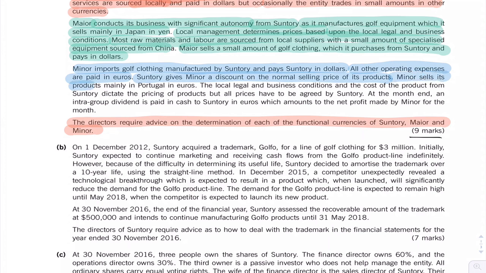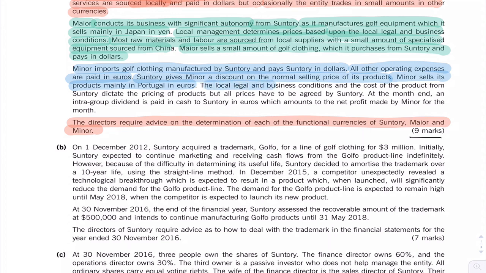Minor sells its products mainly in Portugal in euros. So the price, even though it's influenced by dollars, it's set in euros. But I think at the moment, maybe still we're saying, yeah, but it's influenced too much by dollars.